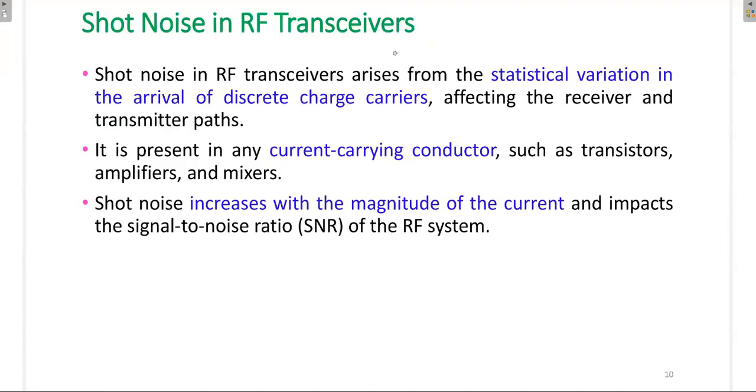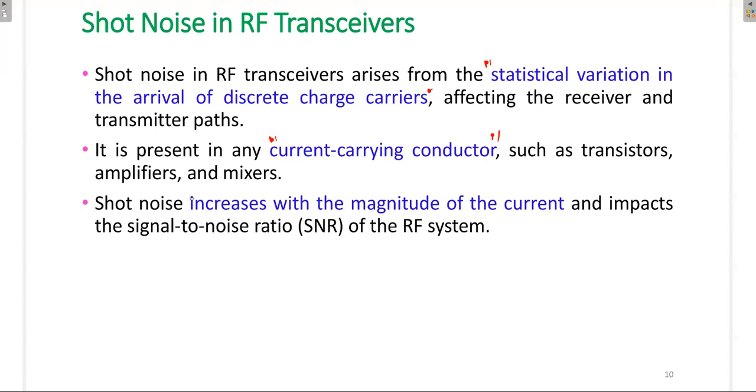Shot noise in RF transceivers. Shot noise arises in RF transceivers due to the statistical variations in the arrival of discrete charge carriers, finally affecting the performance of the receivers. It is present in any current carrying conductors such as transistors, amplifiers, and mixers.